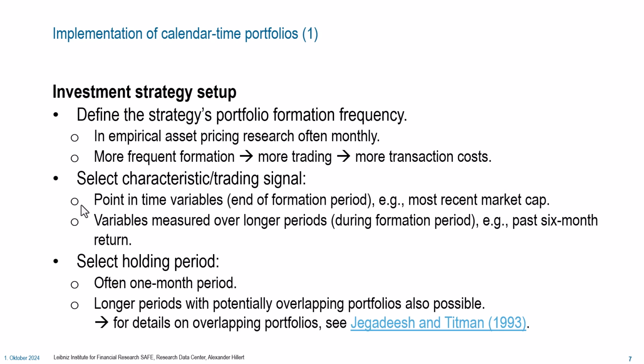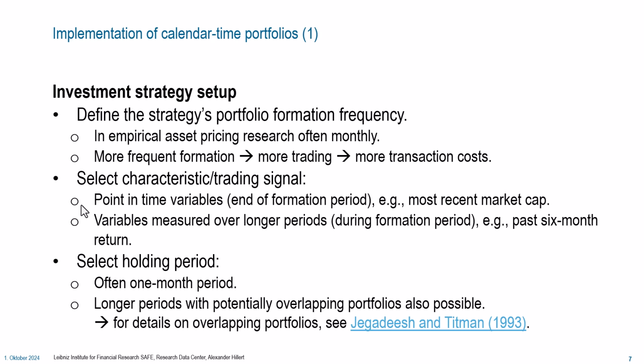And then it means that you will have 3 overlapping portfolios. One has been initiated just at the end of the previous month T. The second one has been initiated 2 months ago at the end of month T-1, and the other is from 3 months ago at the end of T-2.